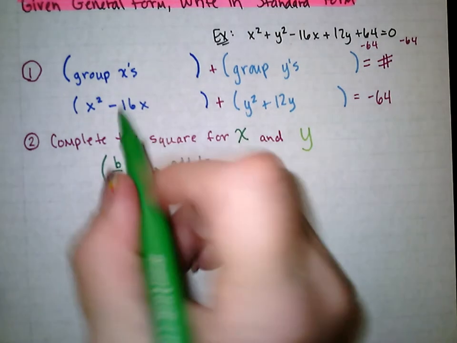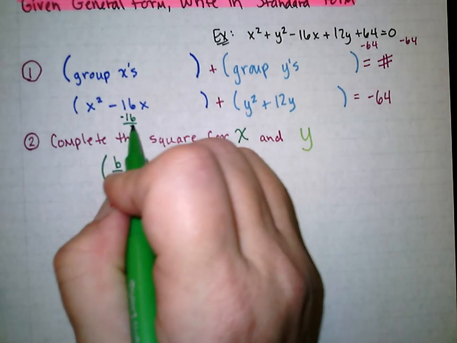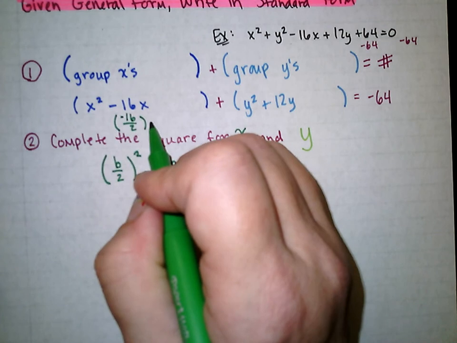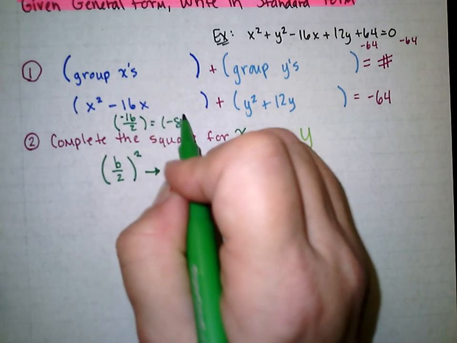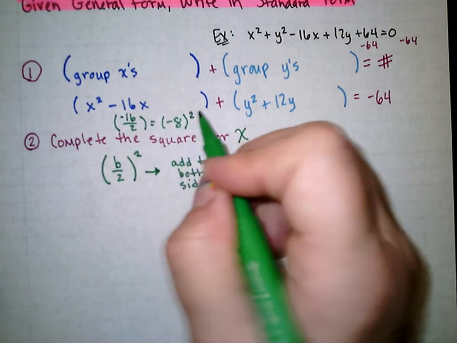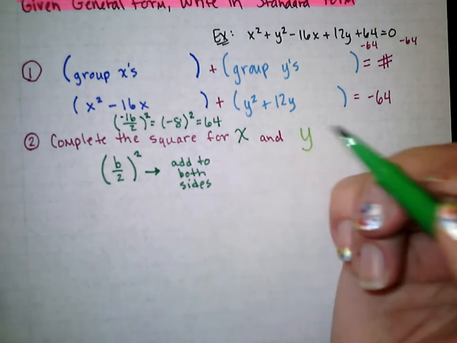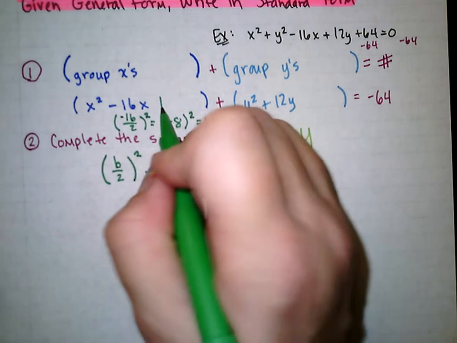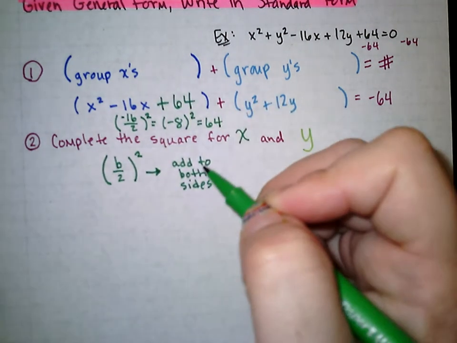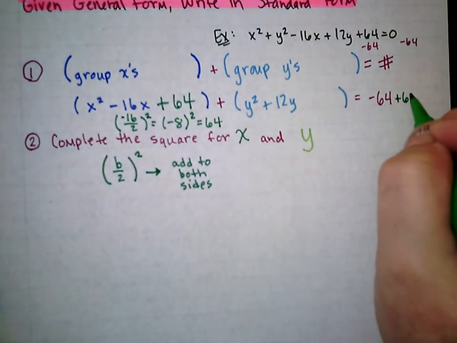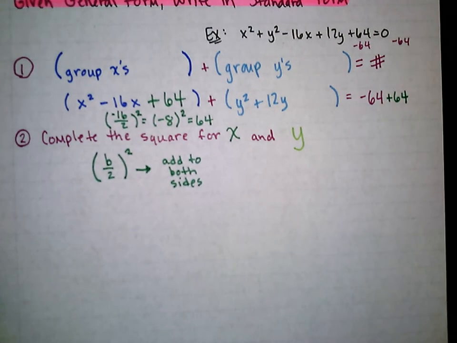So here, negative 16 divided by 2, which is negative 8, square that, which gives us 64. So 64 is what we're going to add to both sides. So I do plus 64 here, and I do plus 64 here. I'm going to do the same thing for y.